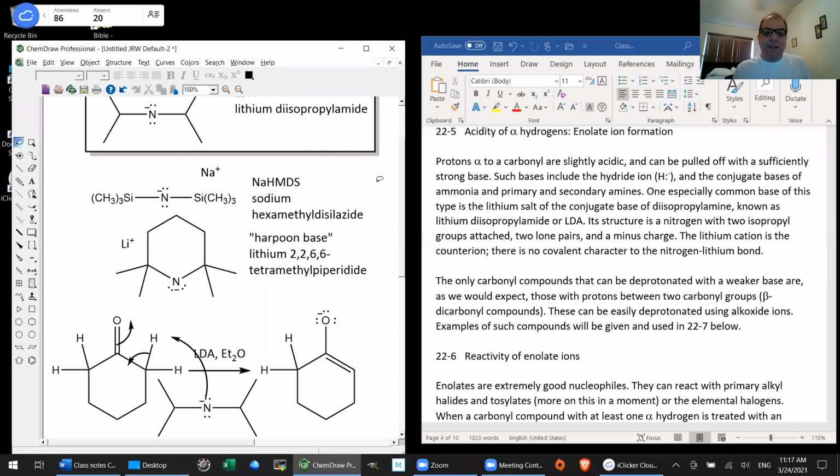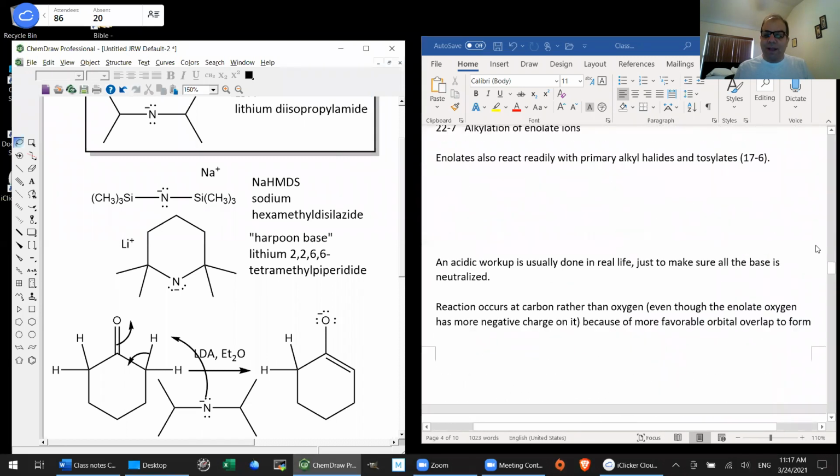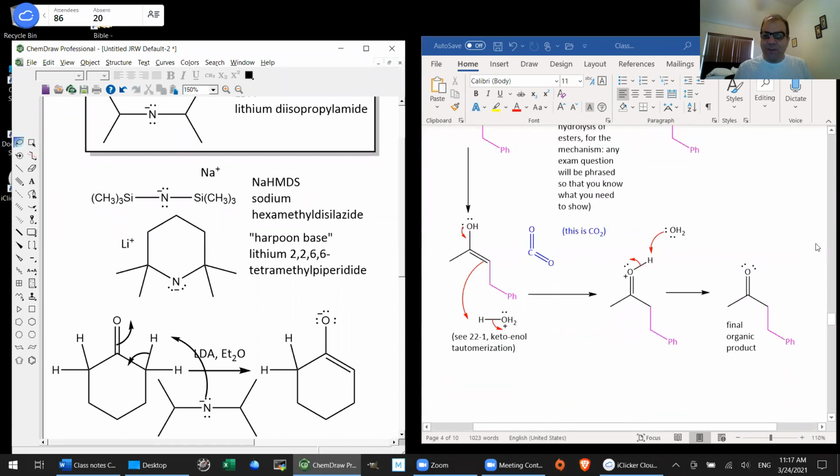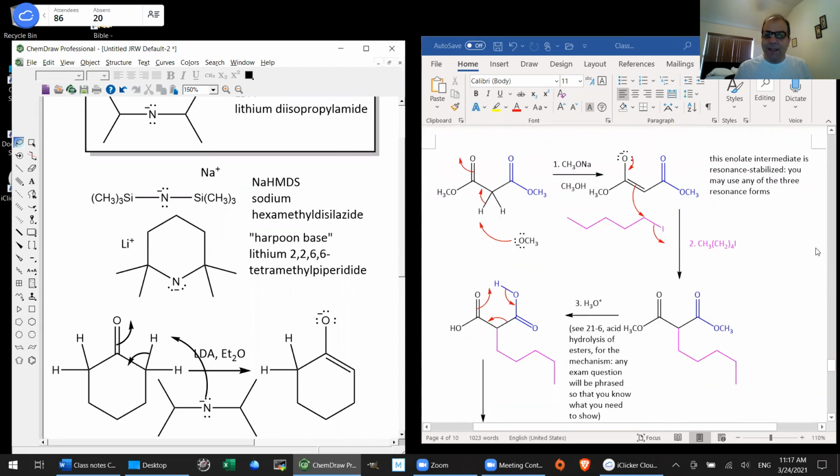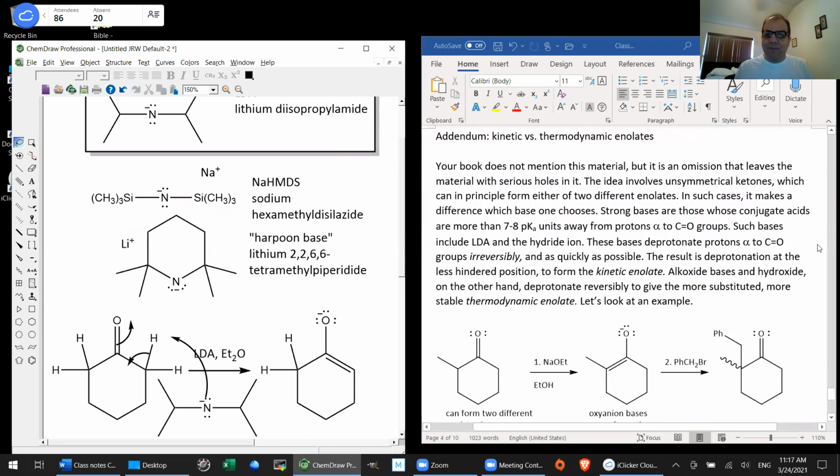So, okay, enough with the funny names. But there is one other piece, since we still do have a little more than 10 minutes. That will leave just the alkylation stuff for next time.